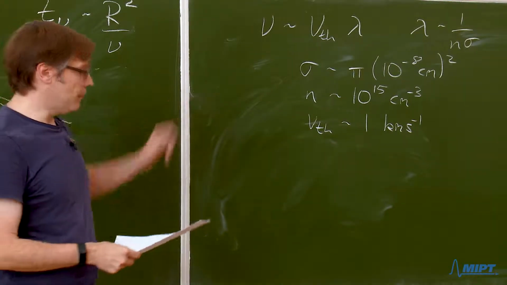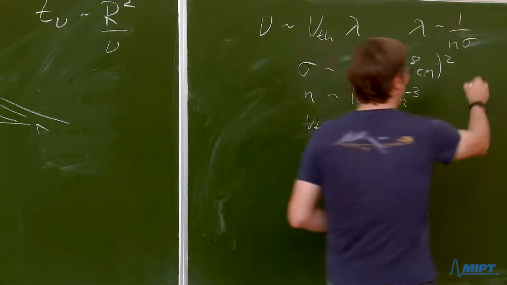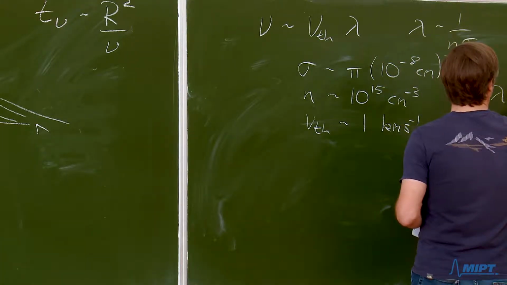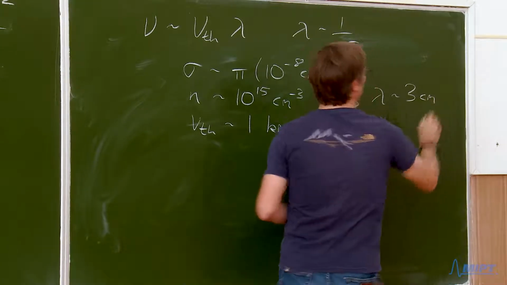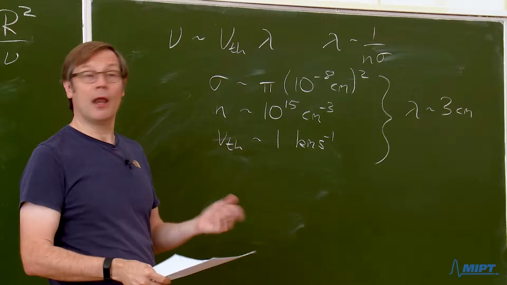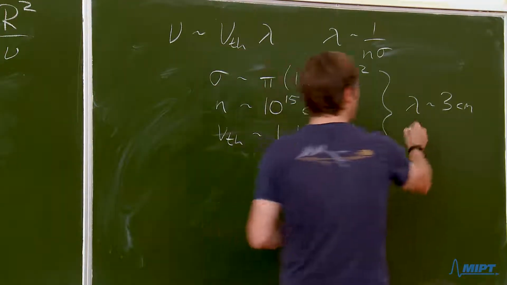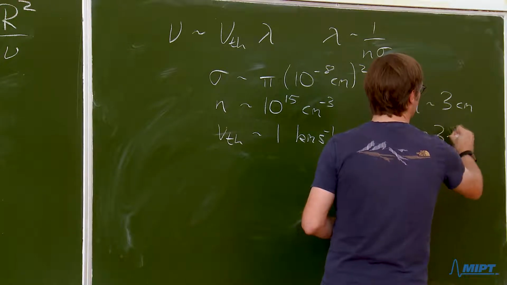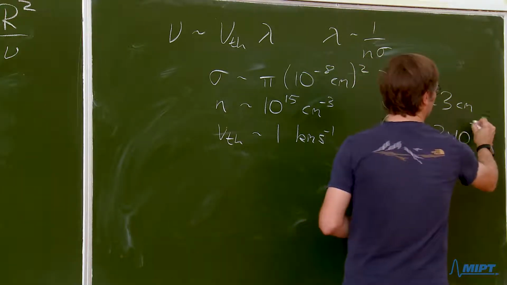Okay. So we can plug those numbers in, and then we get something which we actually already mentioned yesterday, that the mean free path is of order centimeters within the disk, so let's say fairly close to the star, and then the viscosity is something like 10 to the 5 centimeters squared per second.